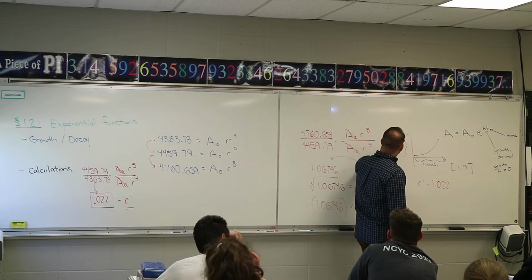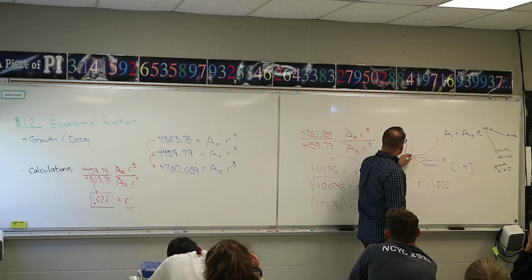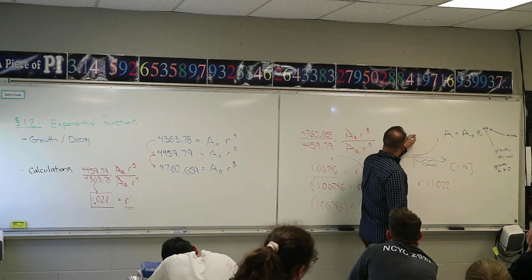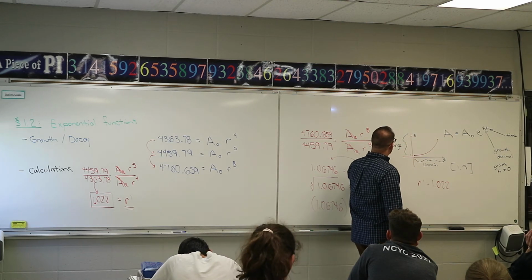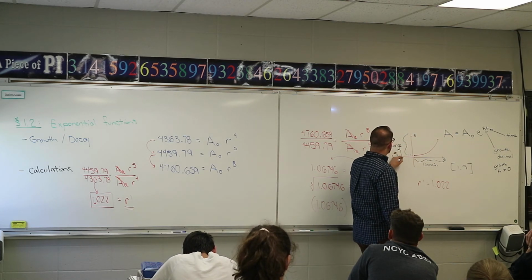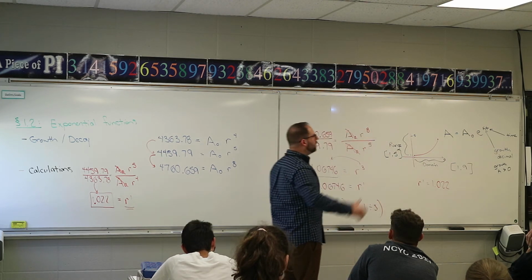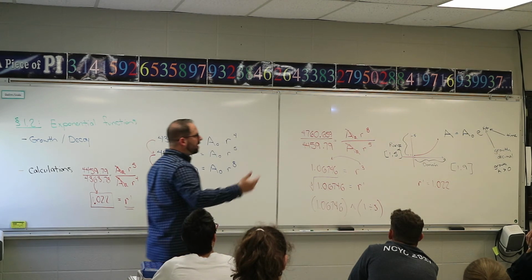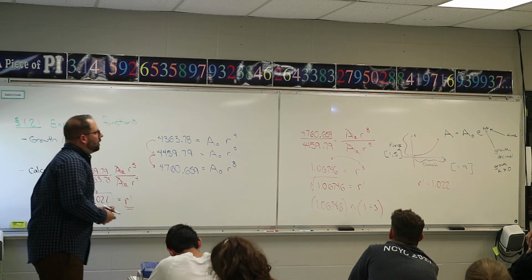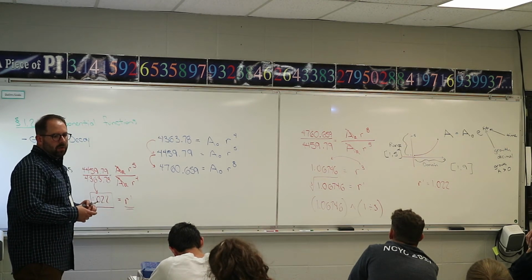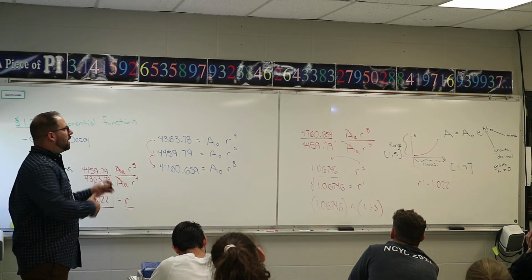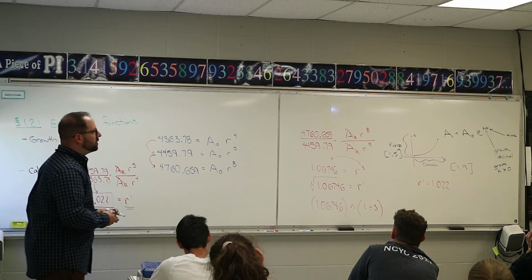That's range. So that's maybe 1 up to, let's say, 5. So then range would go from 1 to 5. Now, if there's any open circles, you use a parenthesis instead of a bracket. If there's any arrows, you use a parenthesis instead of a bracket. Okay, questions at all about domain and range? That was one of the questions I had yesterday. It was something I wanted to bring up today because it was part of exponentials as well.